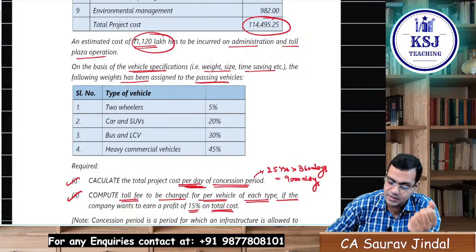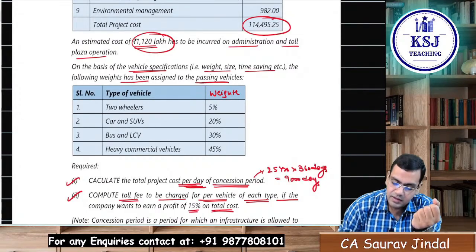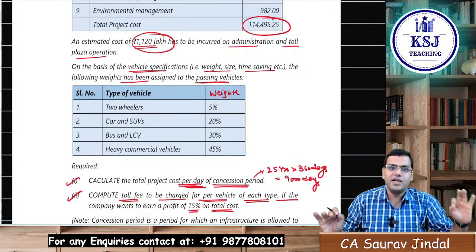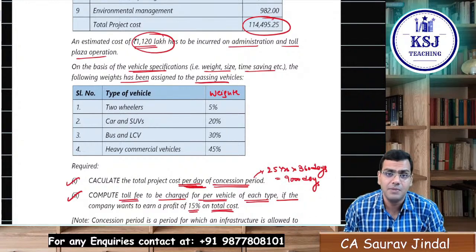Now for this, these weights are going to help you. Sir, if two-wheeler is having a weight of 5% and car and SUV is having 20%, what does it mean?